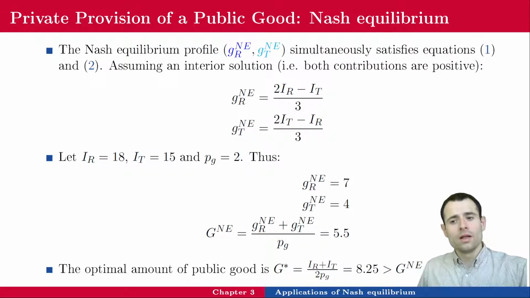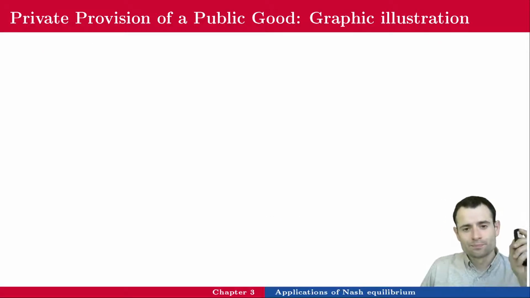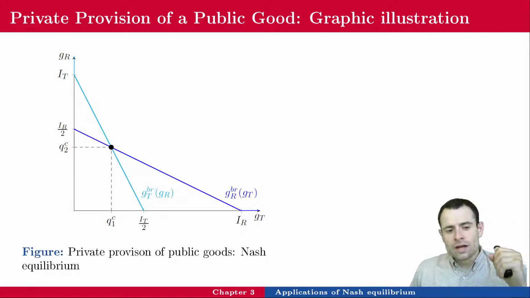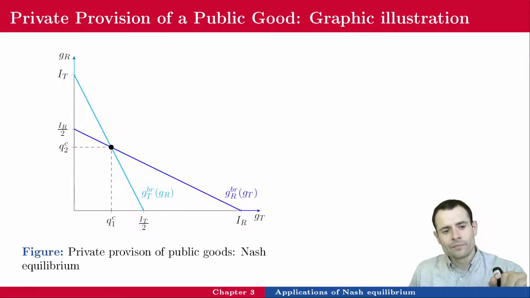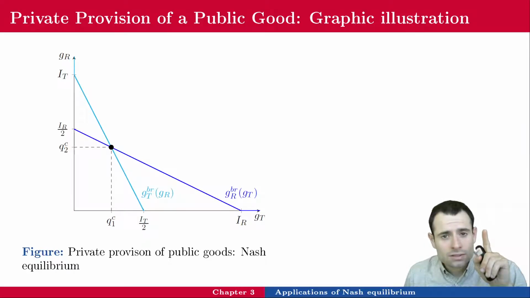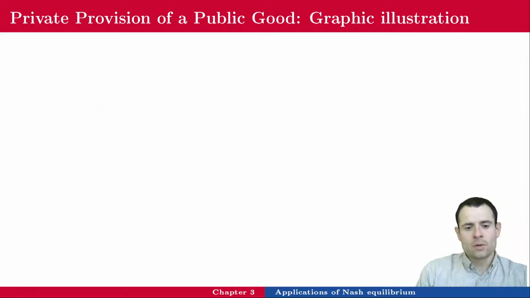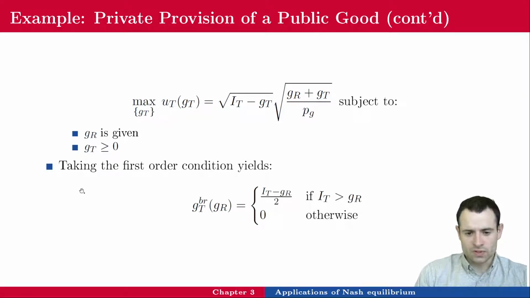Okay, well, let's look at it on a graph. Here, I represented the best responses of Rosia and Tom. They can look like the Cournot equilibrium, but there is a tiny difference. If you remember, the best response was piecewise. There was a 0 as well.